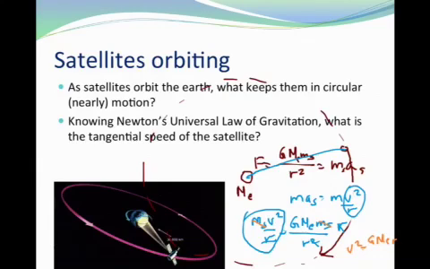So, to find the speed, you just take the square root of that. Anyway, it's the relationship between this gravitational force that's pulling the satellite in, and the centripetal movement, mv squared over r, that allows you to find the tangential speed of your satellite.